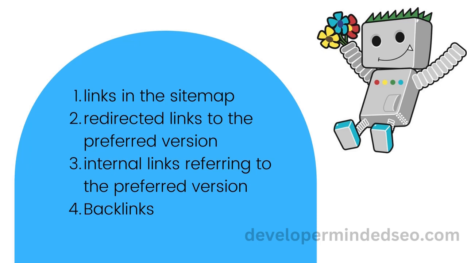And make sure to give internal links only to your preferred version URLs. And also, if you are building backlinks, make sure to build them to your preferred version. So these are some of the signals Google will take into account when selecting the canonical tag.